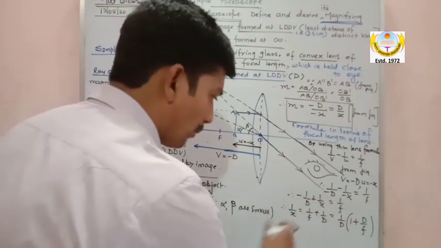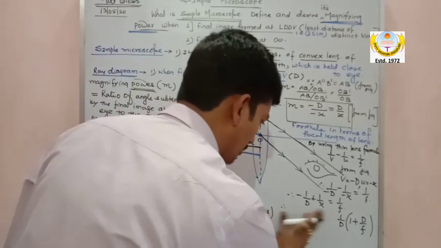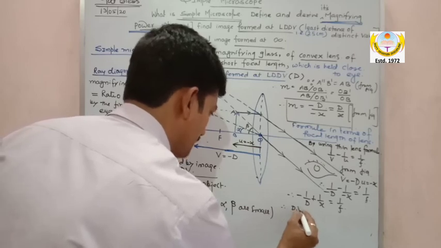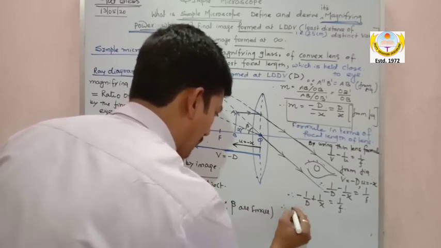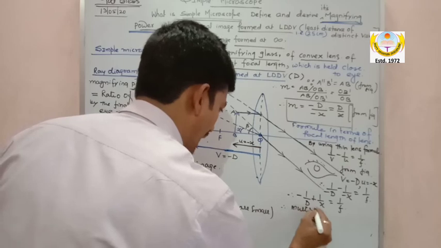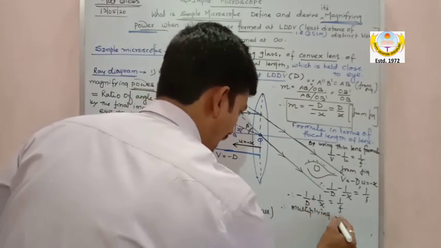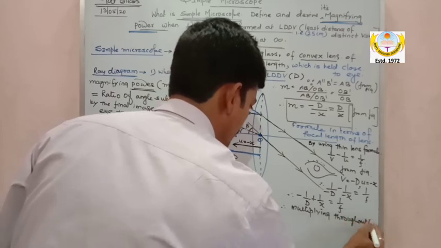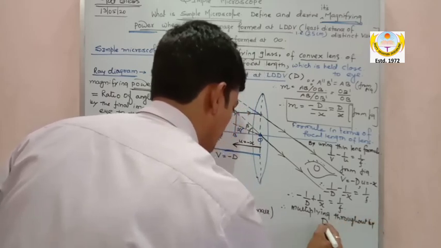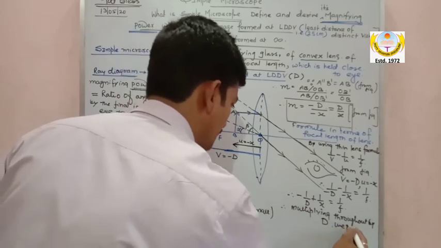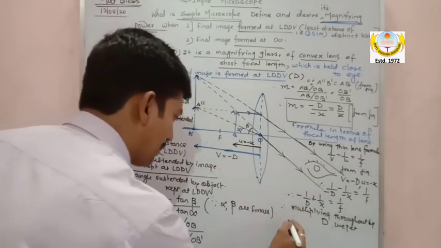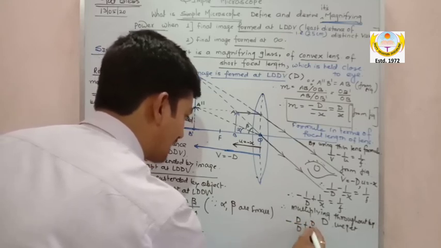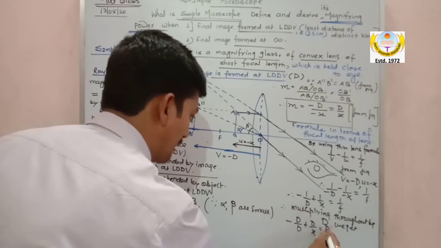Or I can give one more answer. I can do one more step like this, multiplying throughout by capital D. We get minus D by D plus D by x is equal to D by f.